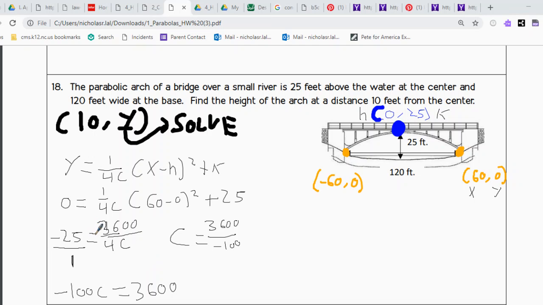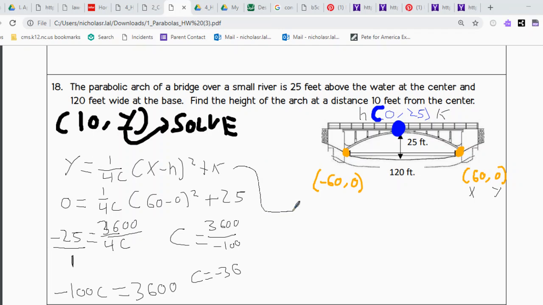What was that? What did you get? All right, so c is equal to negative 36, because 3,600 divided by negative 100 is negative 36. Then we need to find our y value when x is equal to 10.